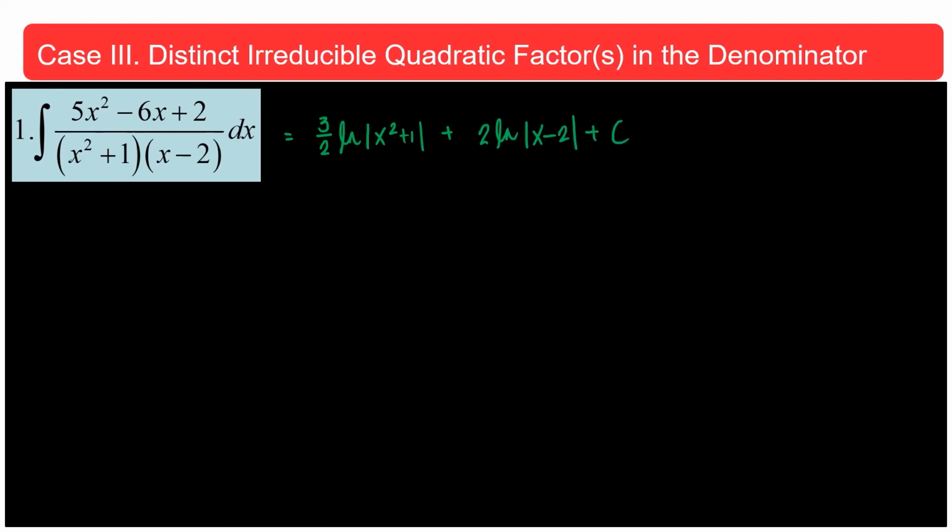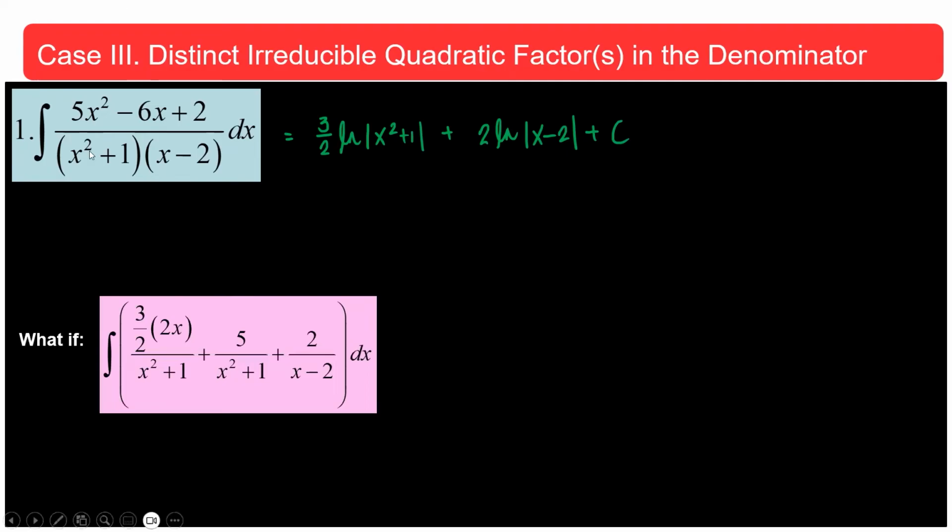This is what we got. Pero ito yung tanong ko, guys. What if hindi nag-zero yung second term? Can you give me the answer? Or give me the form first, guys. What will be the form? First one, what's the form? Ln. Very good. Second one, what's the form? Arctan. Third one, Ln. Very good.